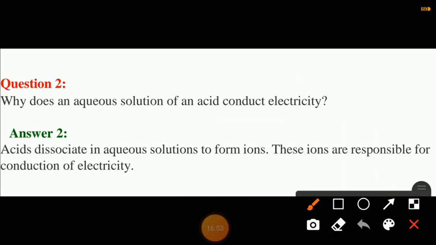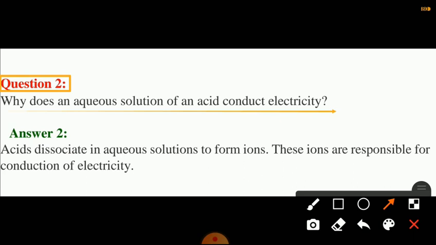Question number 2 is, why does an aqueous solution of an acid conduct electricity? As we know, acids dissociate in the aqueous solution to form ions, and actually these ions are responsible for the conduction of electricity.